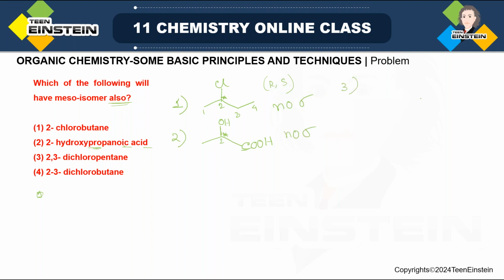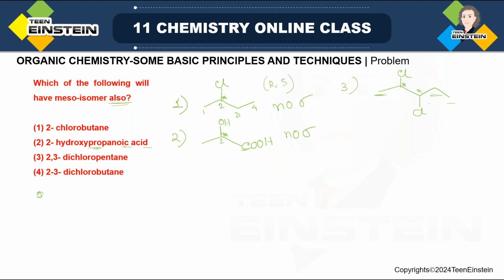Number 3, 2,3-dichloropentane. Pentane is this, 2 position chloro, 3 position chloro. This is a chiral center, all 4 groups different. This is also a chiral center. But this molecule is not symmetric, because on this side you have only 1 methyl group, and on this side you have 2 carbons, an ethyl group basically.